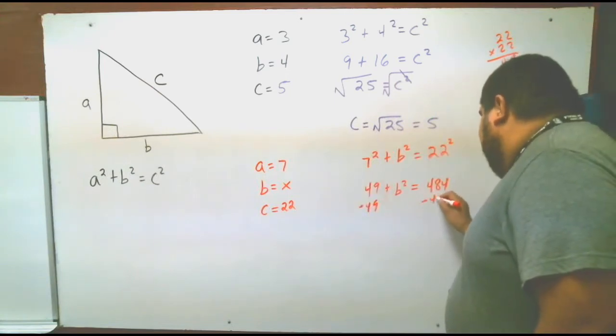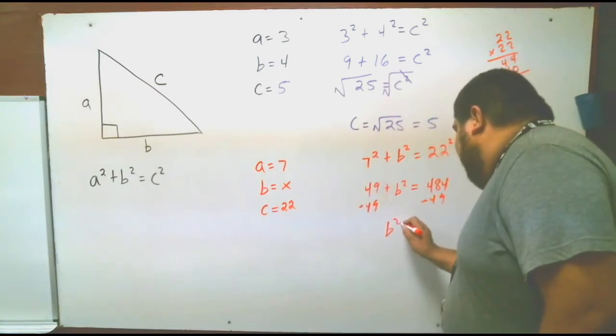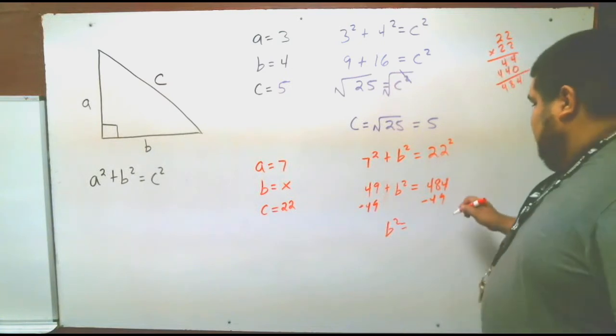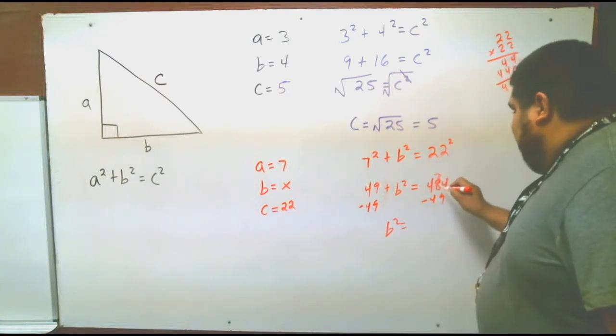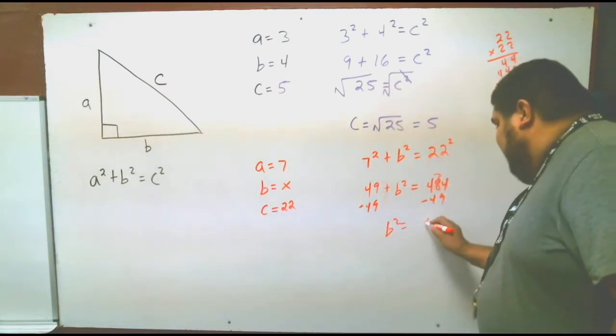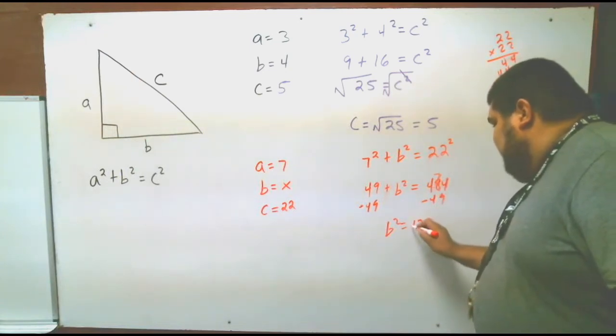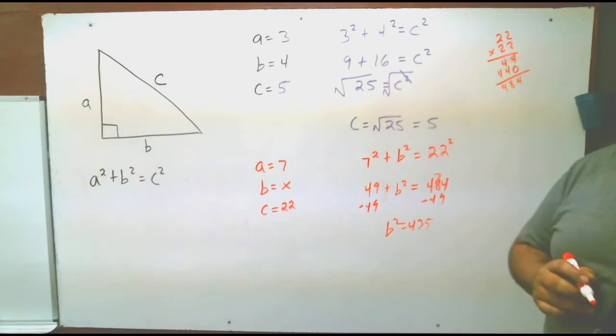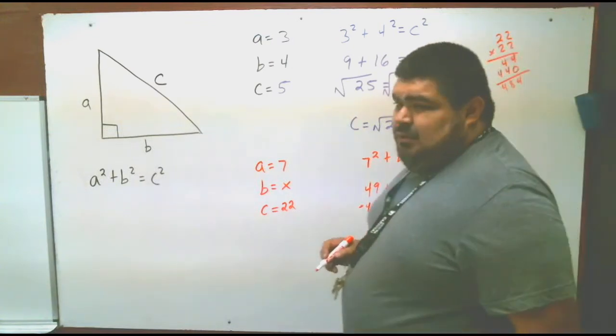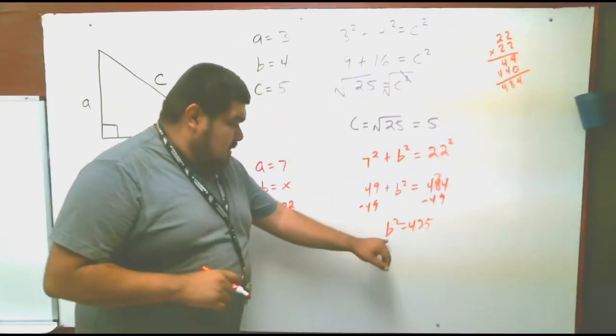So minus 49. So b squared equals, we're going to borrow from the 8, that makes 7. 14 minus 9, that's 5. 7 minus 4, that's 3. 435. So b squared equals 435.